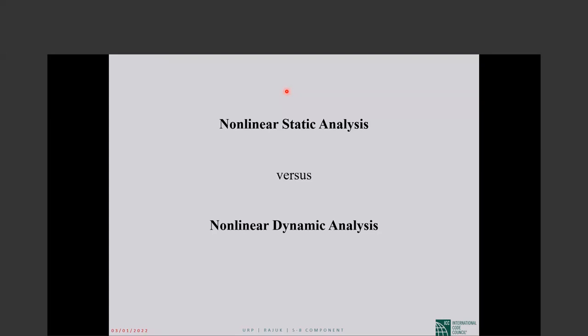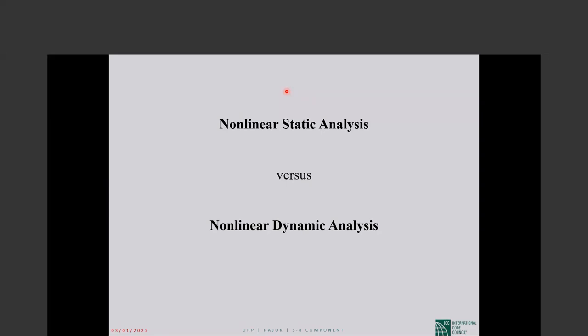But unfortunately, even on one fault with the same situation, never two similar records happen. And the nonlinear usually is very sensitive to the records. It's very sensitive to it.